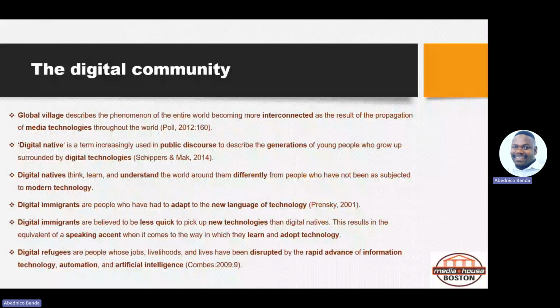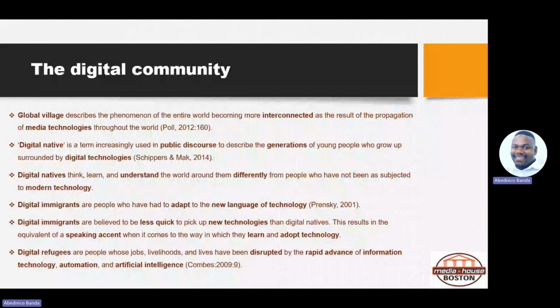The connection of the digital community is not determined by physical or geographical boundaries. It is determined by internet access, having access to be in that digital community. And that access is also determined by the 5Ds that we are going to discuss.